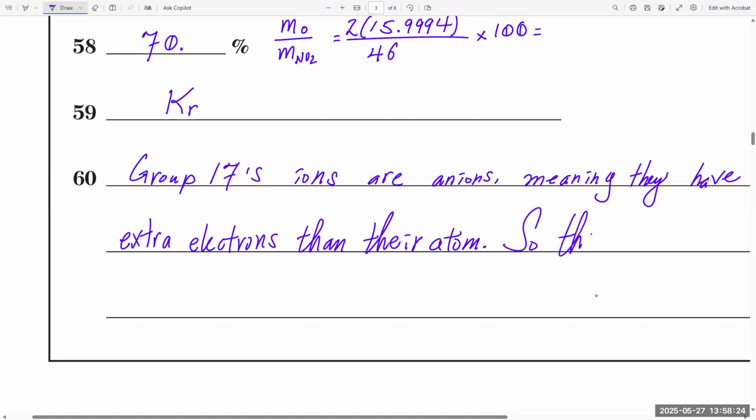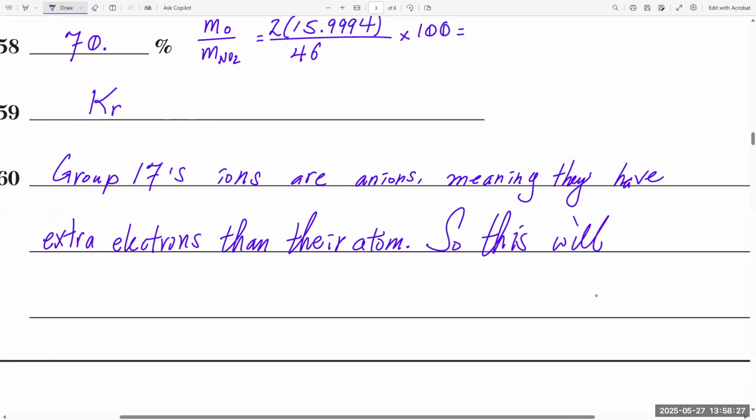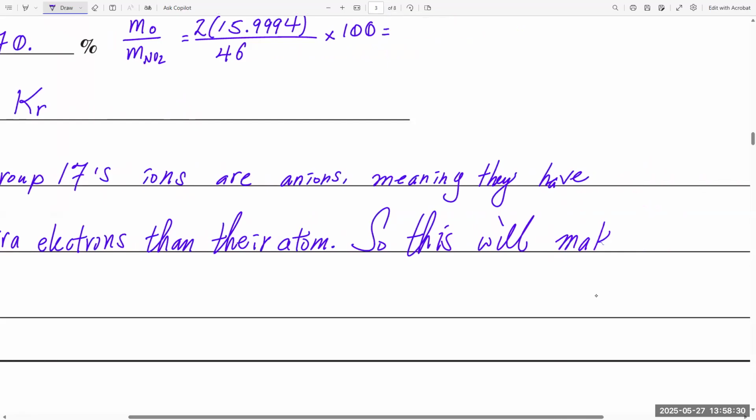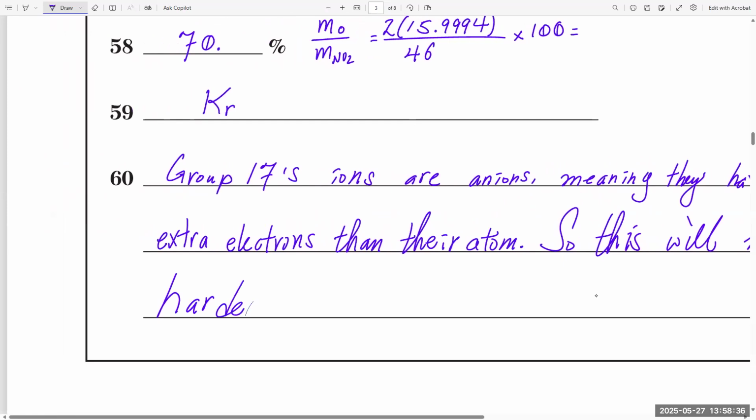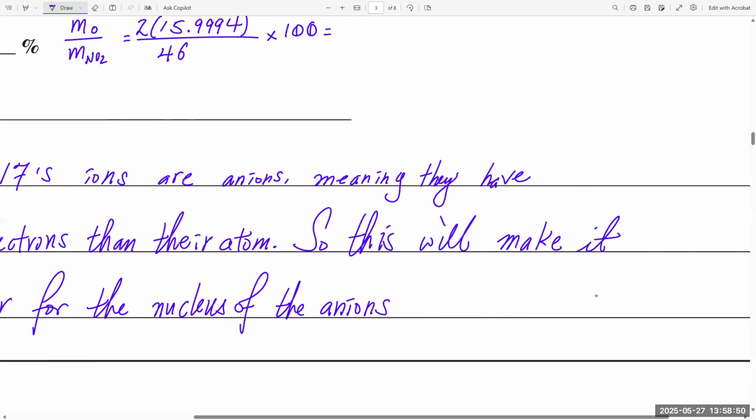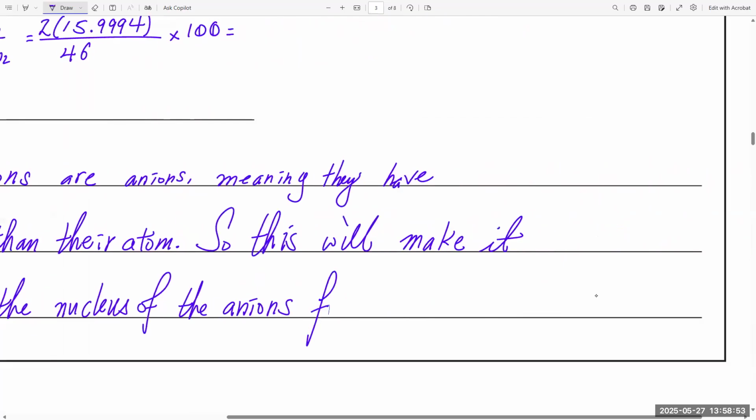So this will make it harder for the nucleus of the anions to hold onto their electrons. Okay.